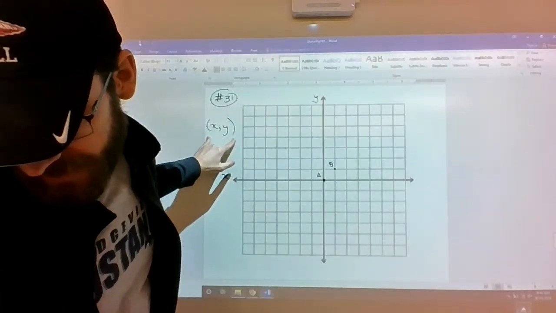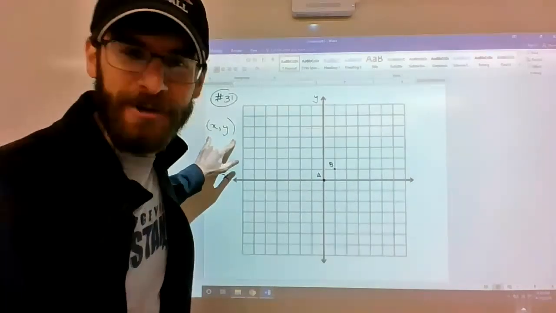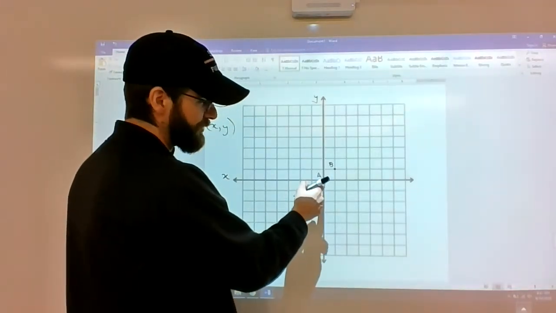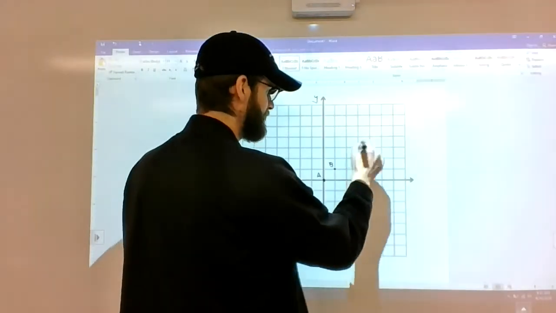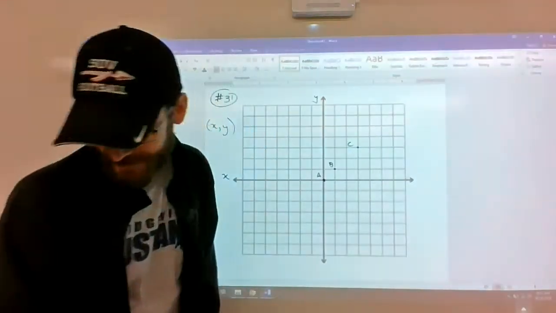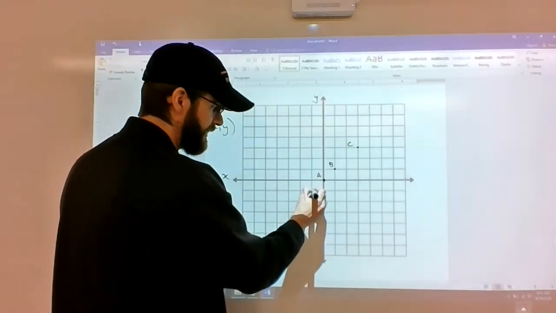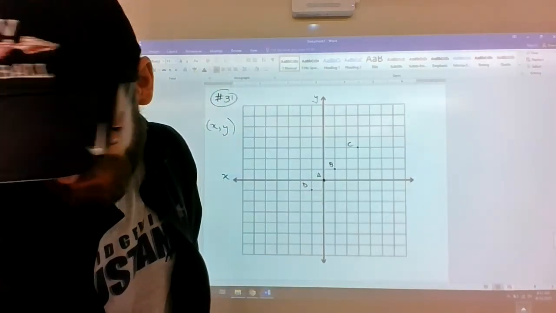Well shoot, they're all the same here. So in this example, it's 1, 1, 3, 3, negative 1, negative 1. Interesting. And negative 2, negative 2.